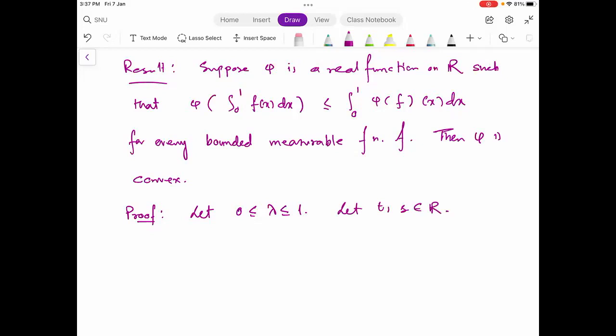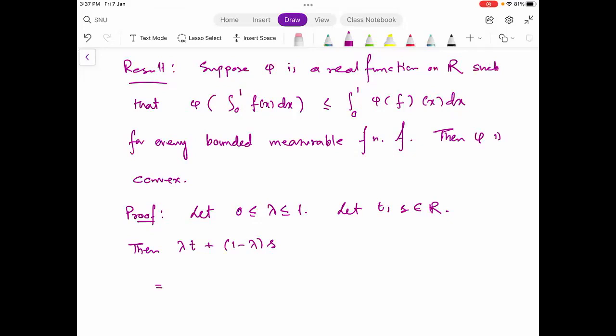I chose this problem because it involves a nice trick. So this is our point of interest, right? I need to show phi at this point is less than or equal to lambda phi t plus 1 minus lambda phi s.